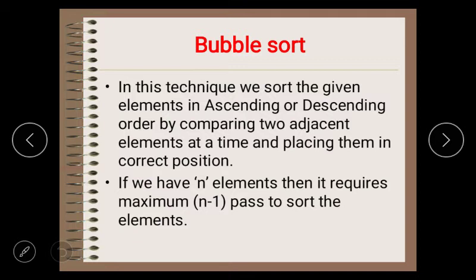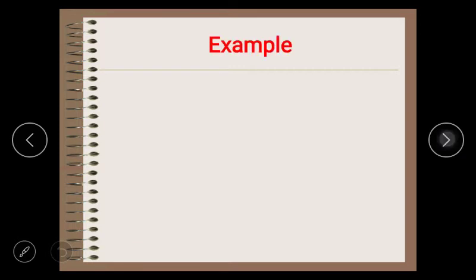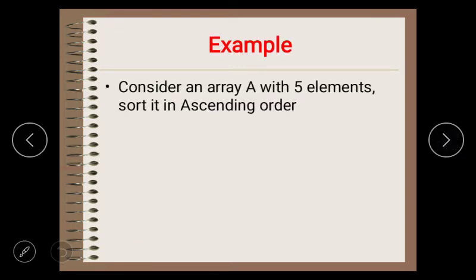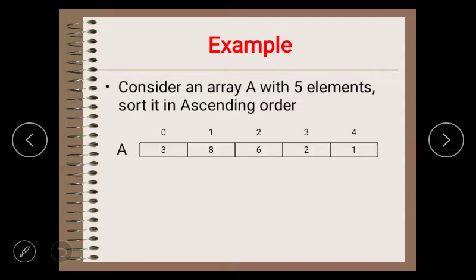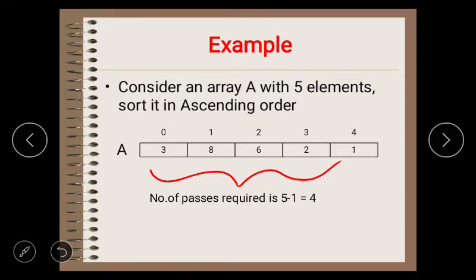So what is bubble sort actually? Consider an array which has 5 elements, and we need to sort those elements in ascending order. This is an unsorted array. We need to sort it in ascending order using the bubble sort technique. Here the number of passes required is 5 minus 1, that is equal to 4.